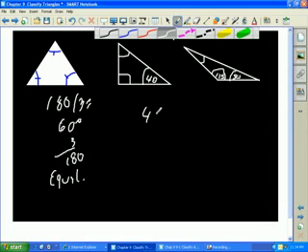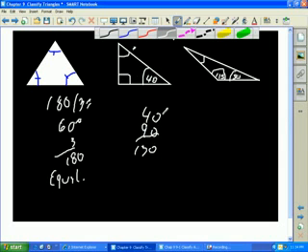Well, now let's look at the second triangle. They've given us a measurement of 40, but I need to have two known numbers to be able to find this missing third angle that's up here. Well, I'm looking down here and I see that right angle symbol, that square box symbol. So I know that's 90. So if I add those up, I have 130.